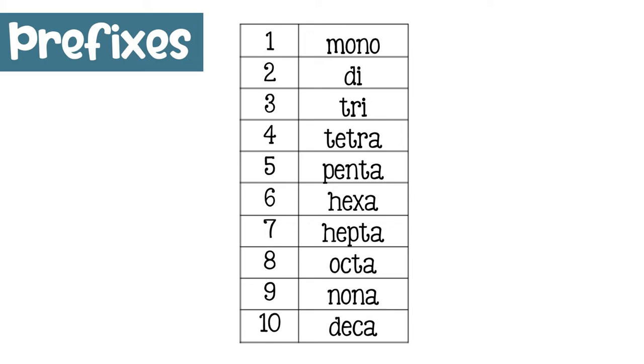So, if you can get 1 through 4 right, from 5 on, it's just the same prefixes you would use in math. So, like a pentagram has 5 sides, or an octagram has 8 sides.